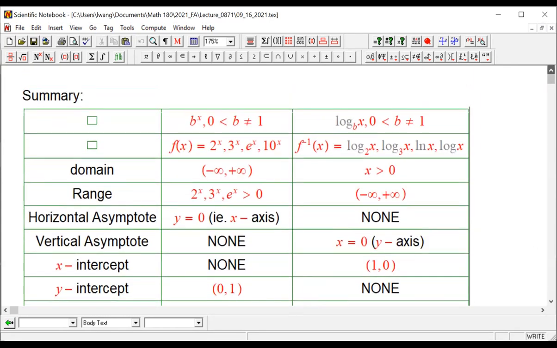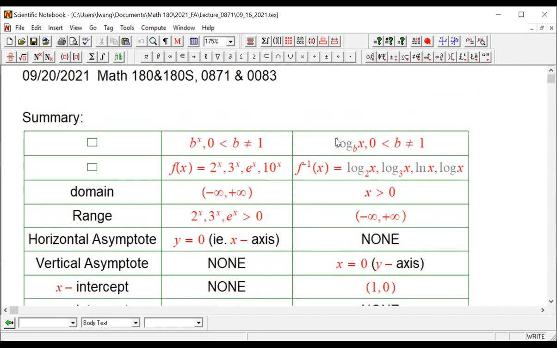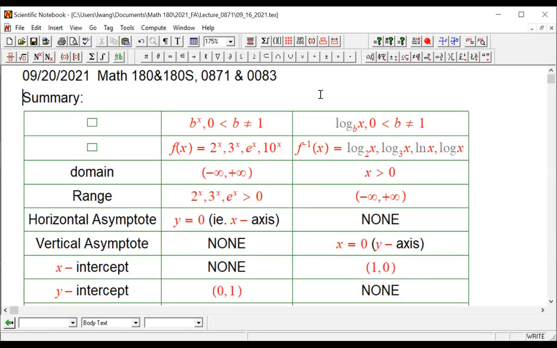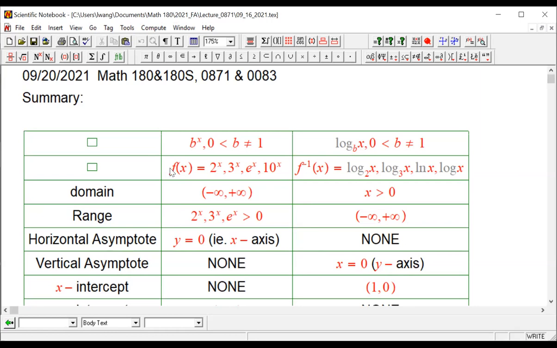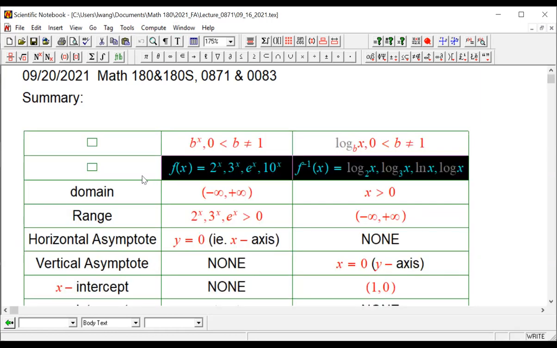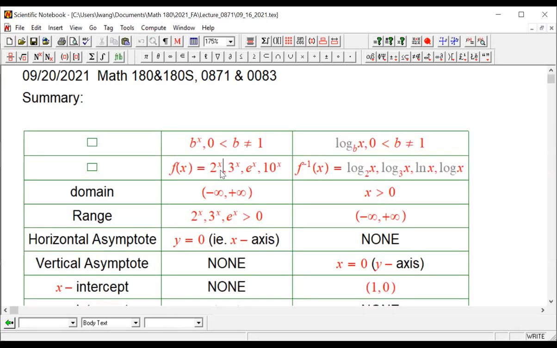Another important property I wish to remind you of, which we have covered, is that these two functions each have a correspondence. For example, if f is 2 to the power x, log base 2 will be its inverse. So these pairs of inverse functions are very important, in particular e to the x and ln.